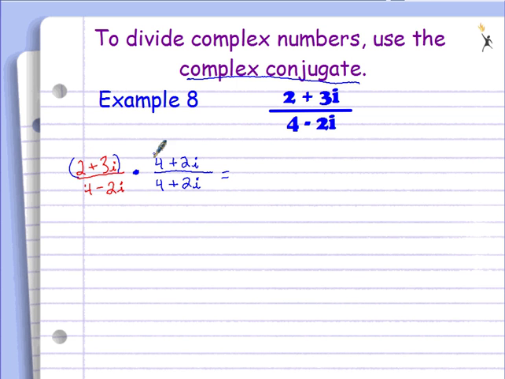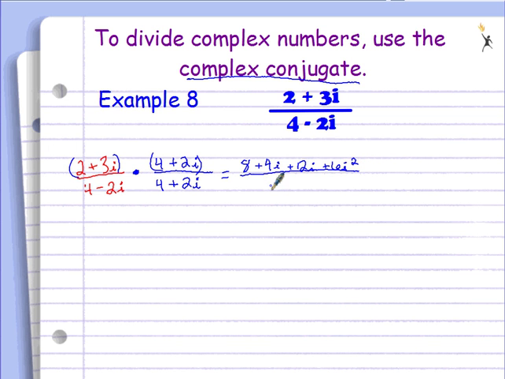Well, straight across. And if you notice, then this turns into a FOIL thing. So write out everything I have. I have 2 times 4, which is 8. I have 2 times 2i, which is 4i. I have 3i times 4, which is 12i. And then I have 2i times 3i, which is 6i squared.